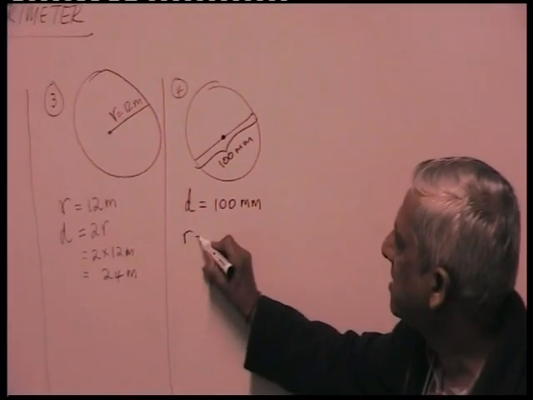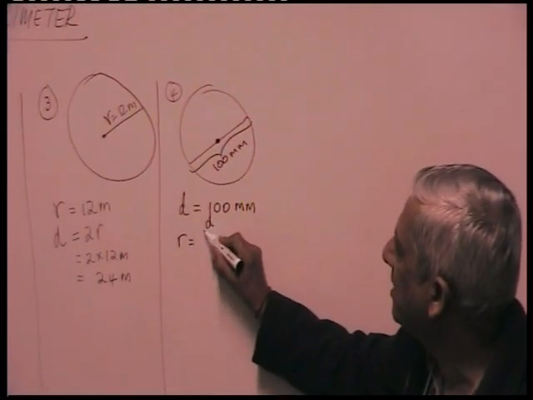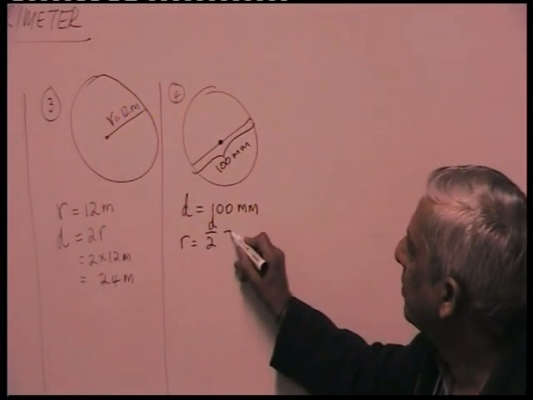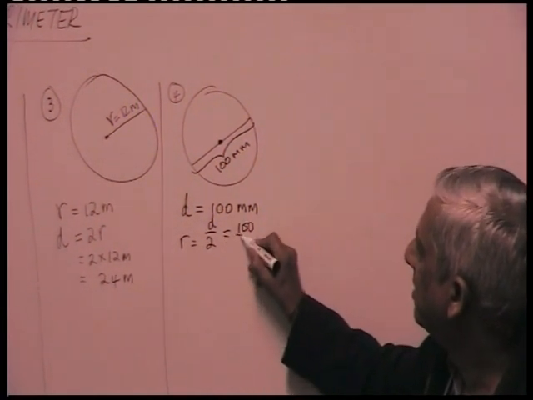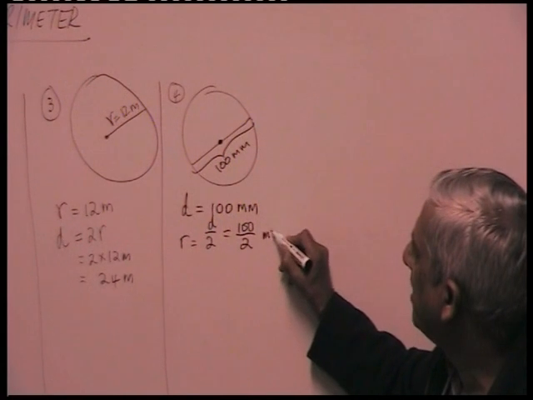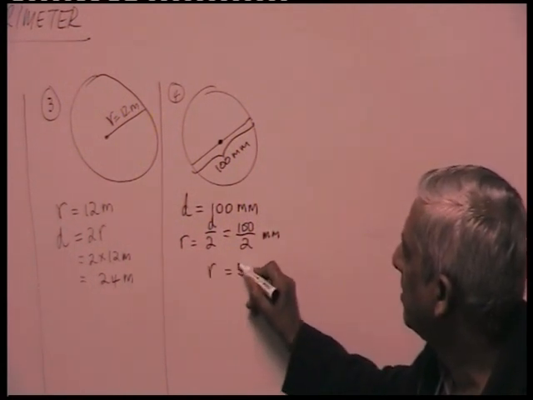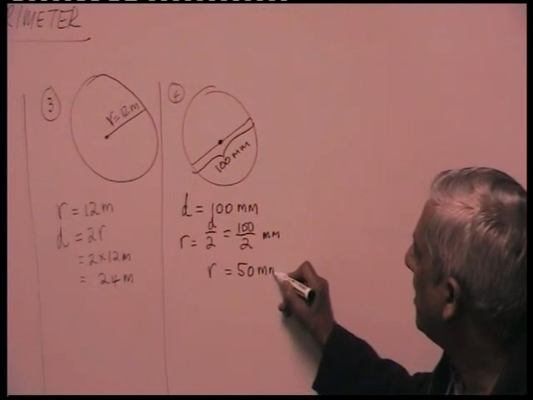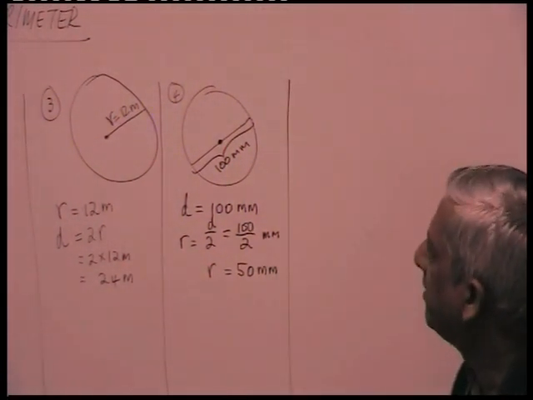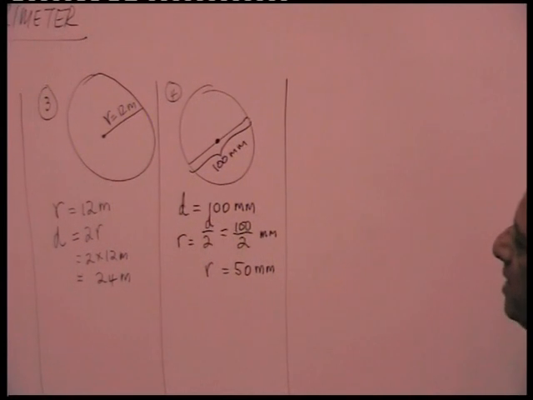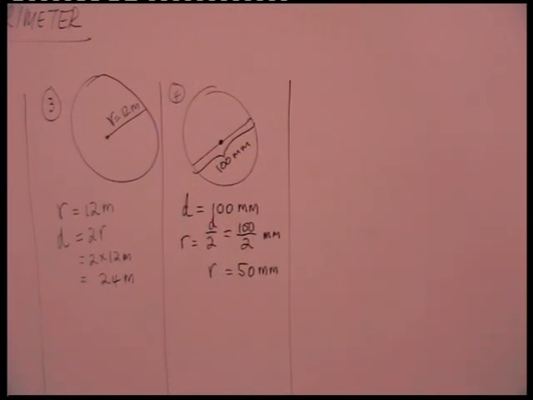Well, radius is always equal to diameter over 2, which is equal to 100 divided by 2 millimeters. And therefore the answer will be radius is equal to 50 millimeters. Now you must be able to find diameter and radius.